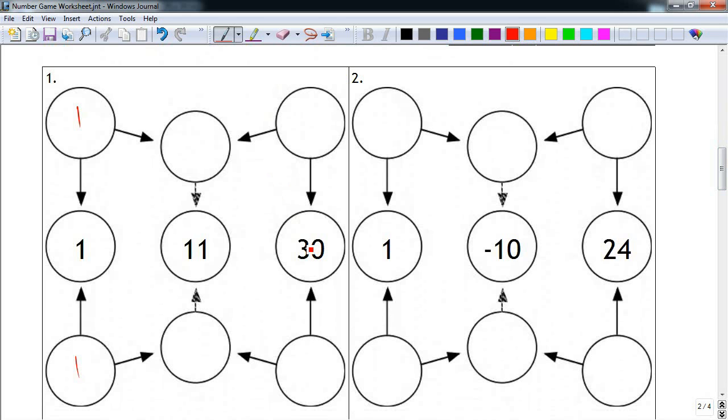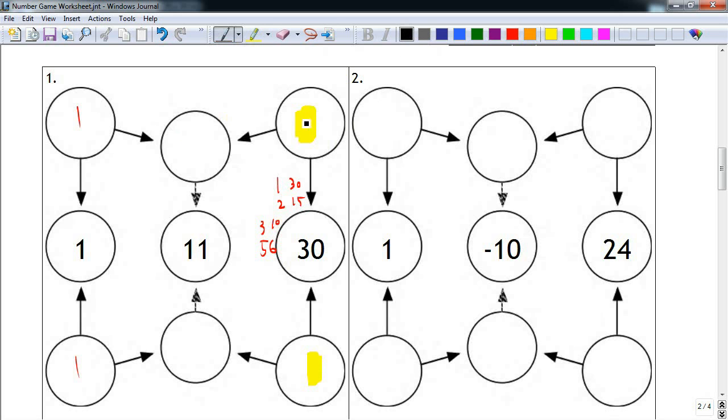So my options are 1 and 30, 2 and 15, 3 and 10, 4 doesn't work, 5 and 6. Okay, and so take a second and just think about what two numbers could I put here that when I multiplied them with the 1s and added them up gave me 11.